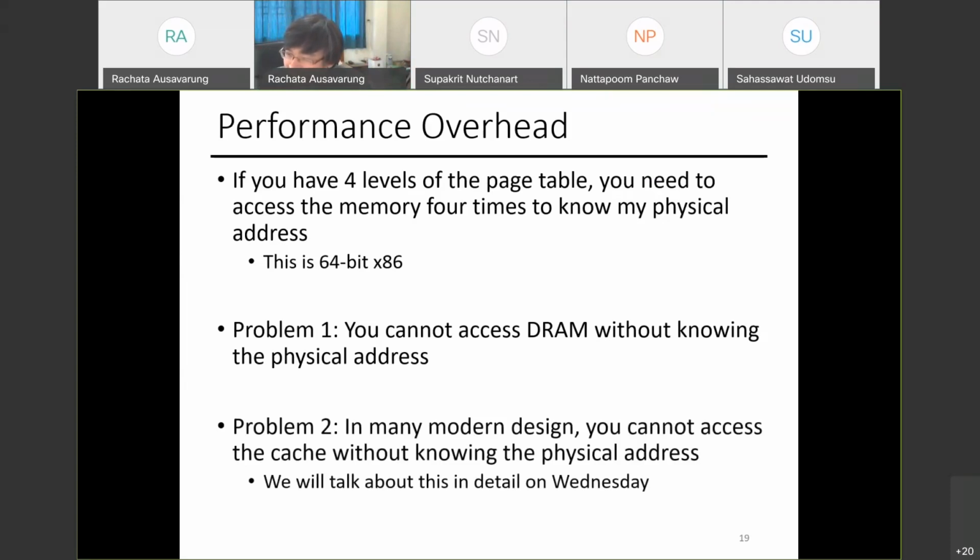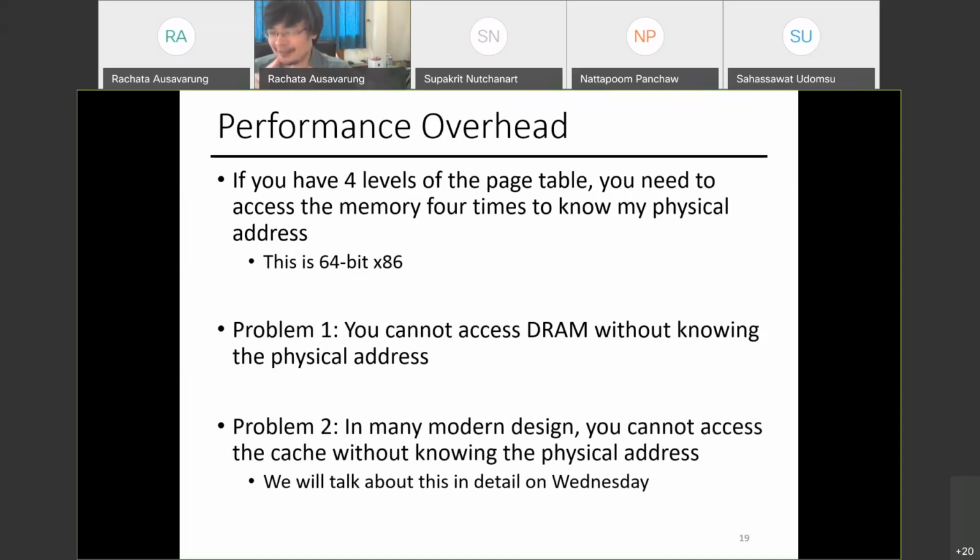The second problem, the most concerning problem about virtual memory and performance overhead, is that right now on your computer, you cannot access the cache without knowing the physical address. We'll actually go in depth on why. But what does this mean?